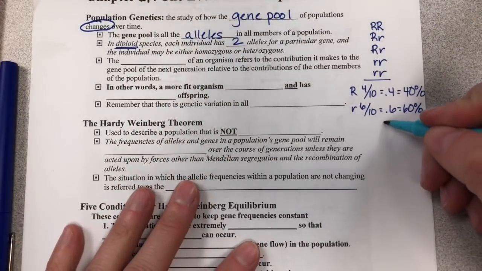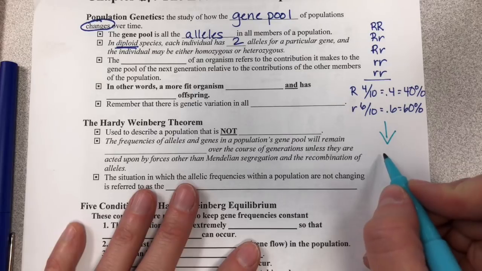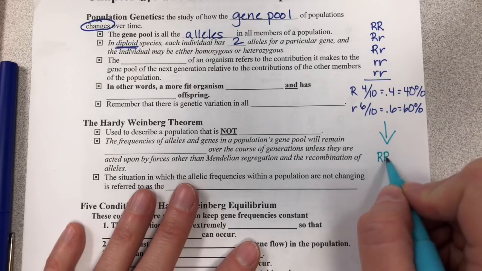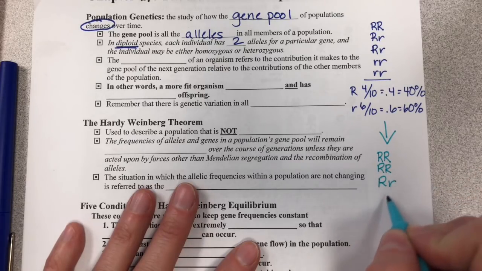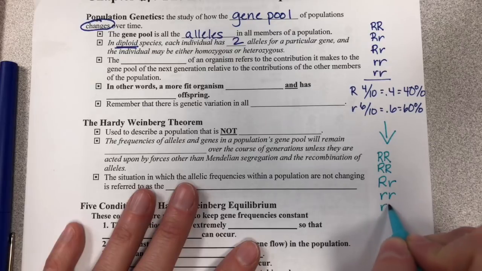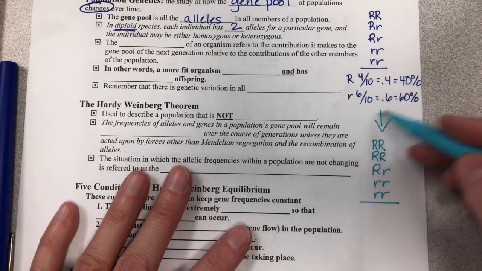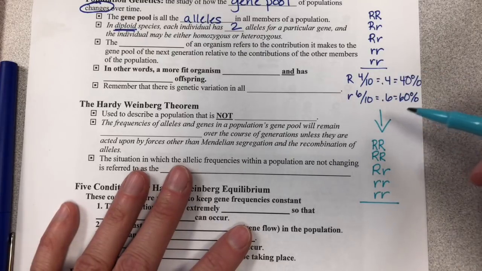So if it changes over time, let's say now we have 2 big R's, only 1 big R, little r, and 2 little r's. Now, can you stop this and do these calculations like we did for the original population?